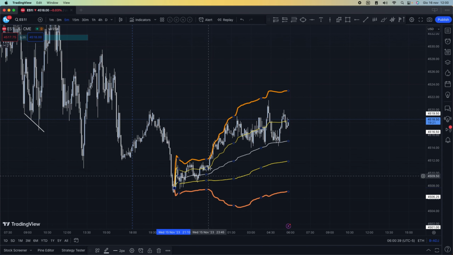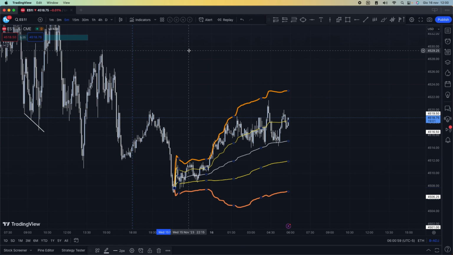So when price is moving away from the VWAP, touching the outer bands, it tends to re-enter. So it's basically a trend indicator, but based on volume.